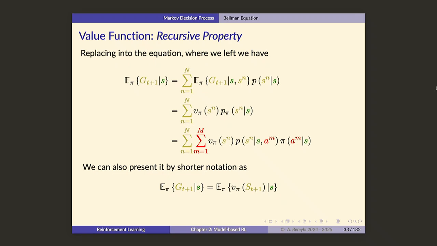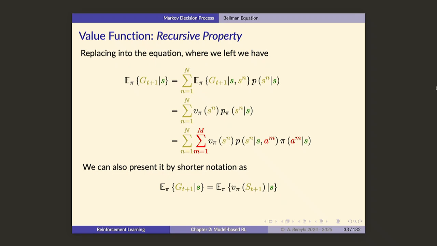Is it clear? So if you expand this, you're going to have the second line, and you can compactly represent it in this form. This means that the expected future return is eventually the expected value function when you think about the next state. When you are in this particular state, you don't know what the next state is.